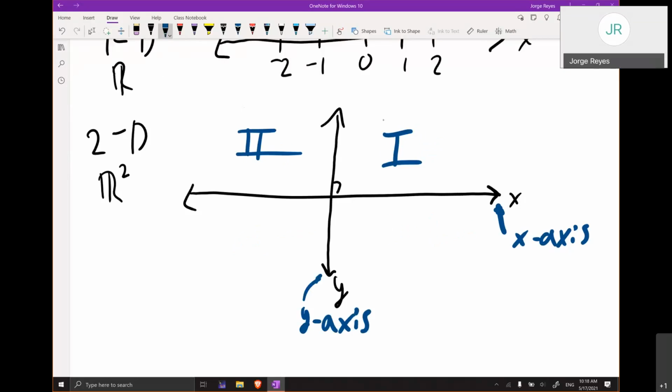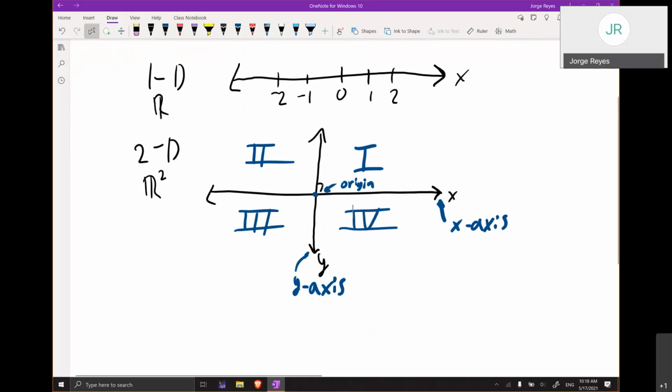This is the second quadrant, the third quadrant, and the fourth quadrant. Right here, where the axes cross, that's the origin. And so this is the 2D graph.